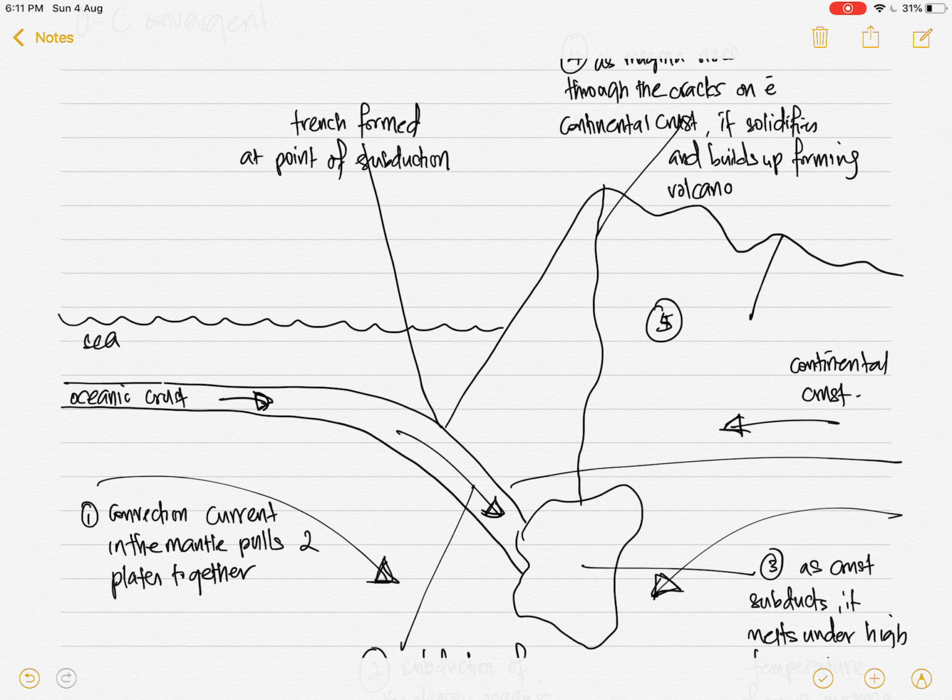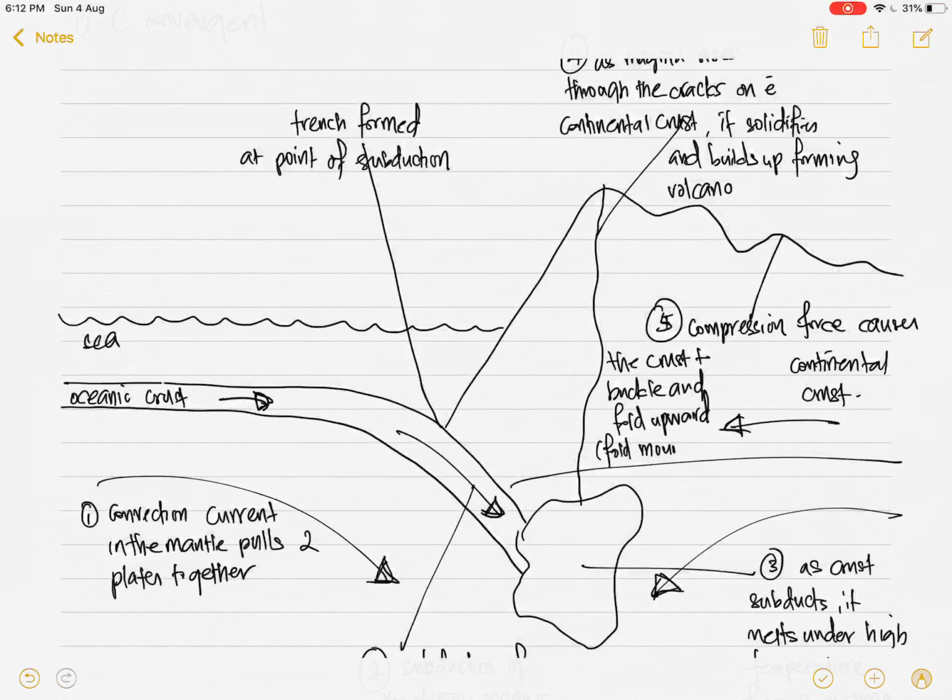The explanation is the same as any other fold mountain: compression force causes the continental crust to buckle and fold upward. Okay, this one will be a fold mountain.